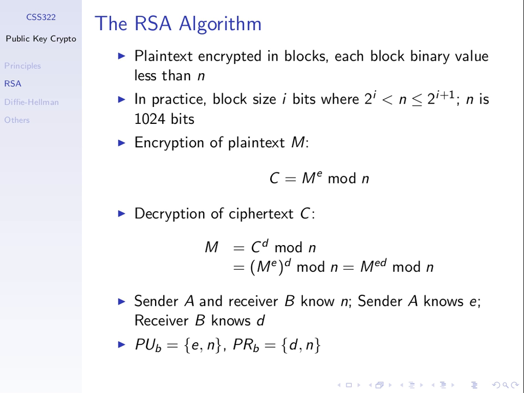Well, we require the original m to be the same as the output m. The plain text in must be the plain text out. So when does m equal m to the power of ed mod n?